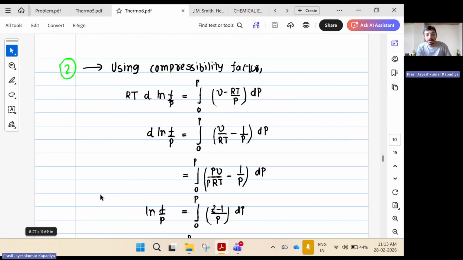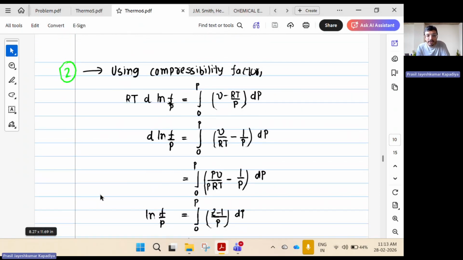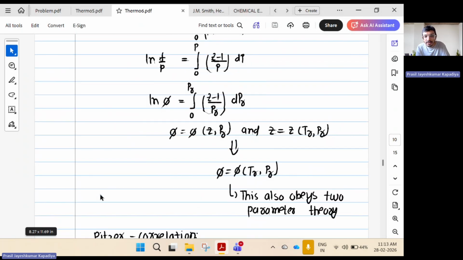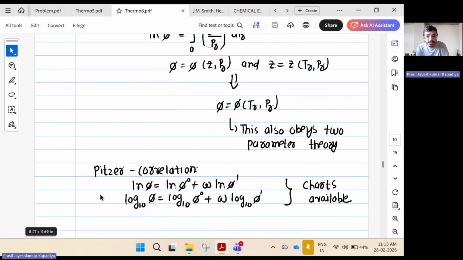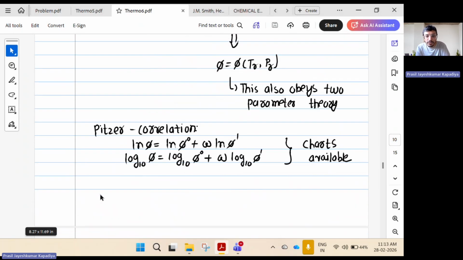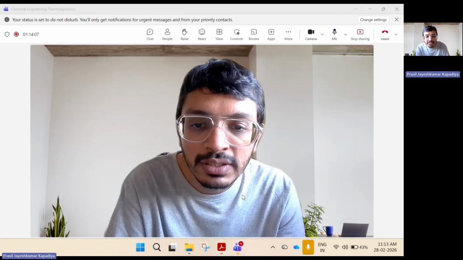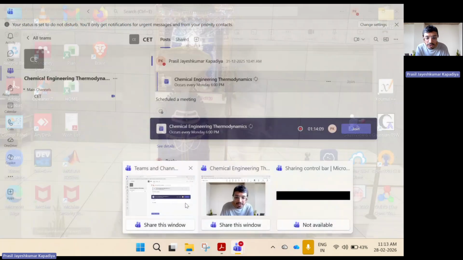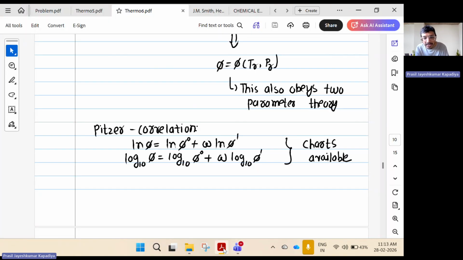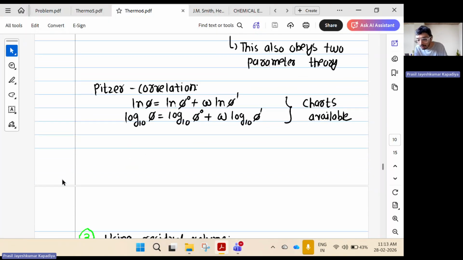Then we used another method, that is the compressibility factor method, to understand that, and we found that from Pitzer correlation, if we know phi is phi 0 into phi prime raised to omega, we can directly estimate the fugacity coefficients from the Pitzer correlation. And for these, all the charts are available in the literature, and you can find those charts in any standard thermodynamics books.